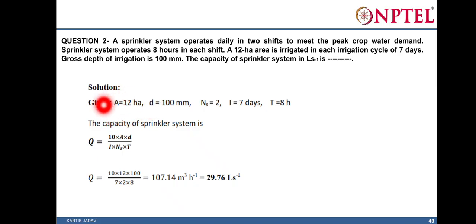Here A is given as 12 hectare, D is equal to 100 mm is equal to 0.1 meter, and NS is equal to 2, I is 7 days and T is 8 hours. So capacity of sprinkler is given by Q is equal to 10 times A into D by I NS T. Let's put all this in the given equation, and our final answer is 29.76 liter per second.